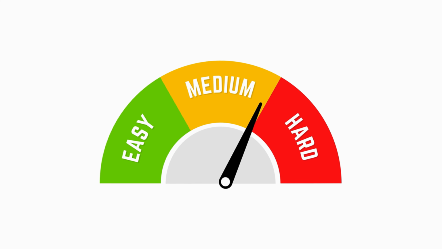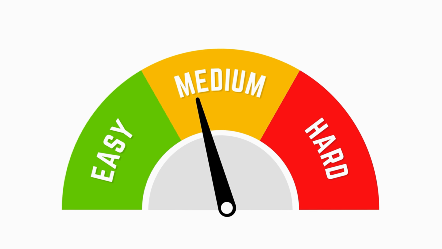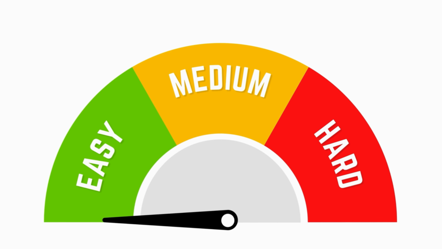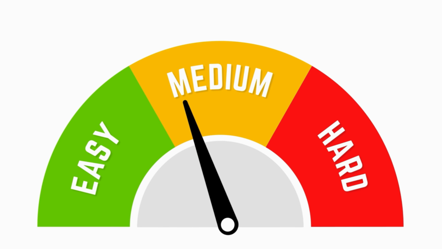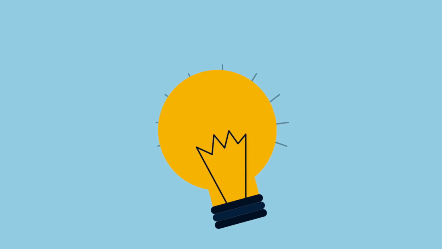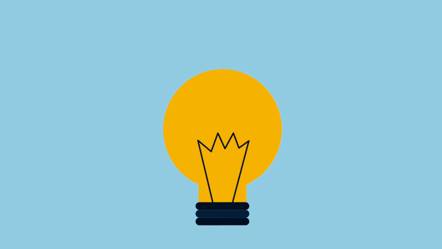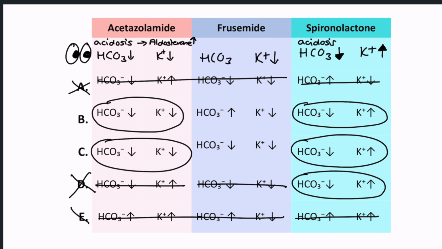Now, admittedly, there is some concept of contraction alkalosis and chloride playing a role in this pattern and all the things, but I'm a simple girl and I much prefer bringing things together this way. But just know that this explanation to some people will be an oversimplification. Regardless, I think this is the easiest way to get us to the right answer in our table, and so we're doing it this way, okay?